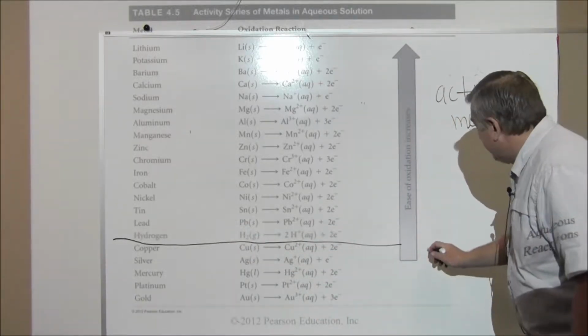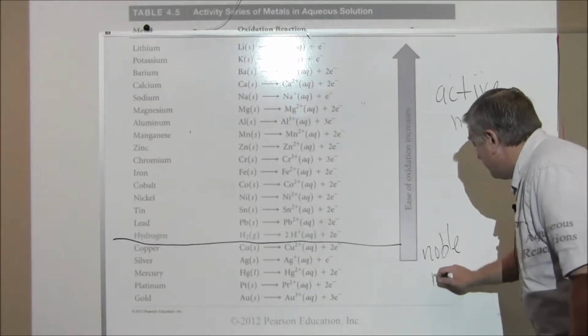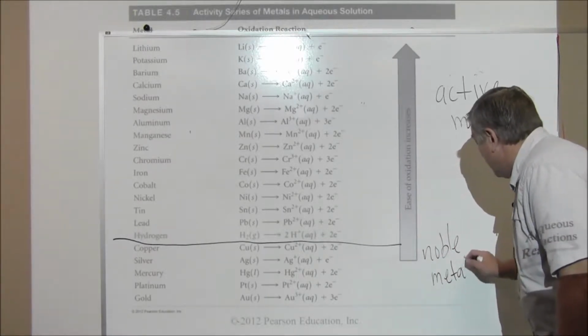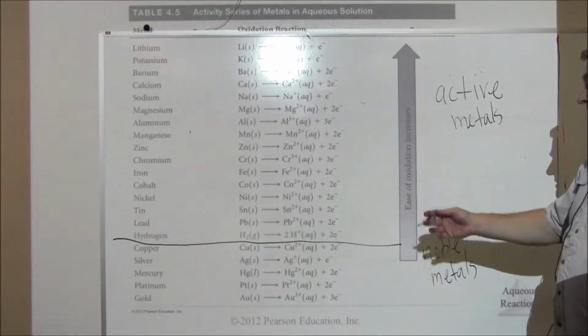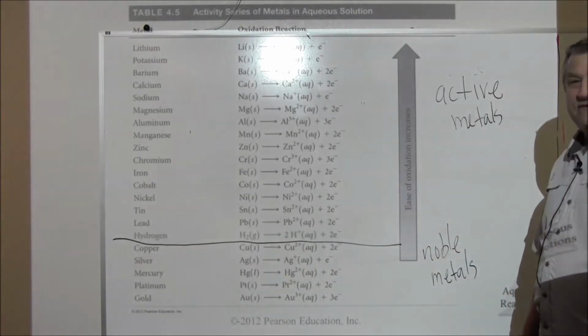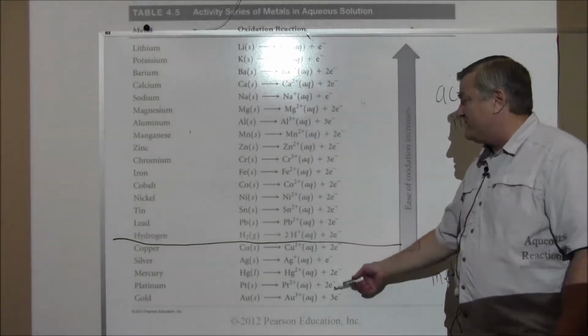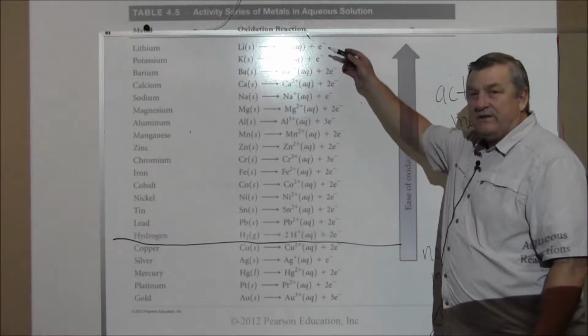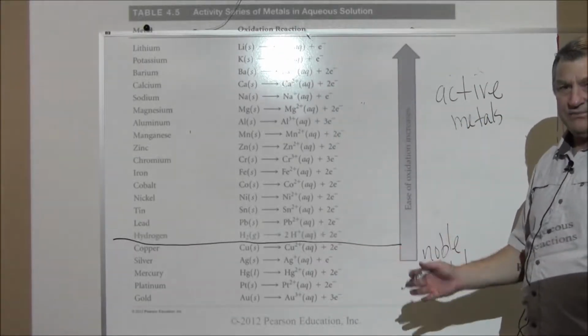Whereas these metals down here are called noble metals. And noble means they will not react with an acid to give hydrogen gas. And you'll notice these metals are a lot more stable than the metals up here, as far as staying the metal under normal standard temperature and pressure.